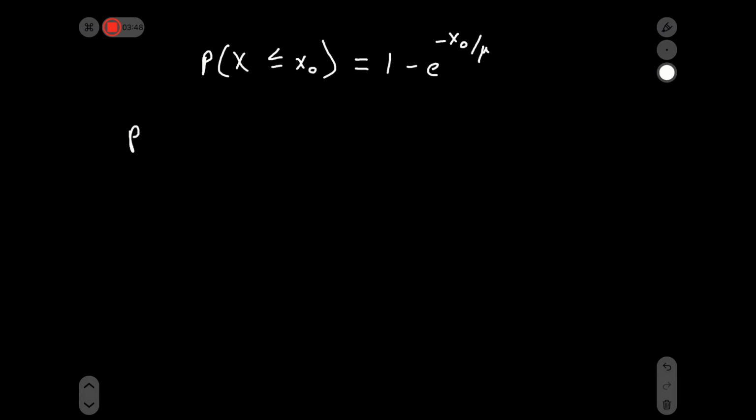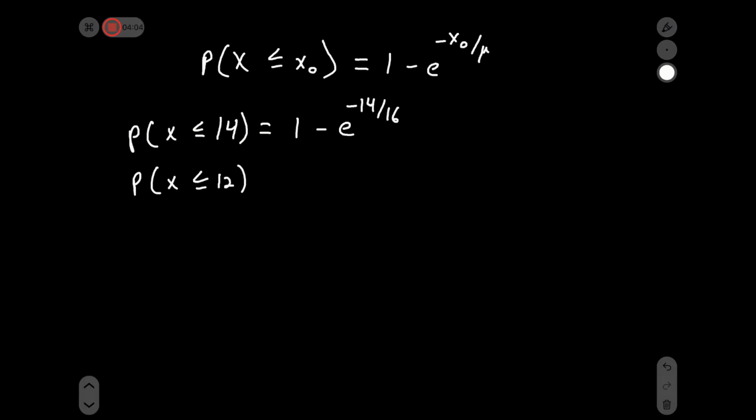So the probability that x is less than or equal to 14 will equal 1 minus e to the negative 14 divided by 16. The probability that x is less than or equal to 12 equals 1 minus e to the negative 12 divided by 16.